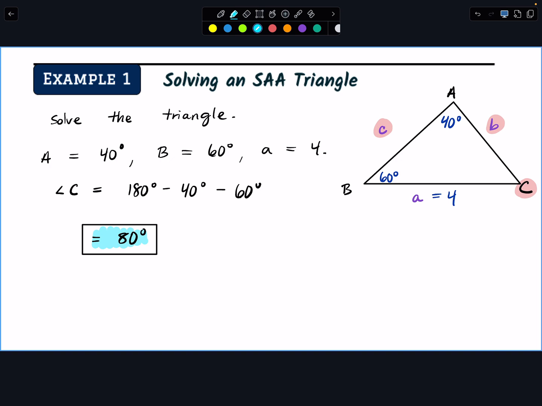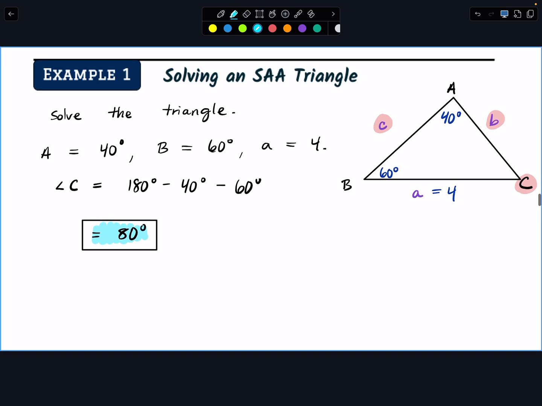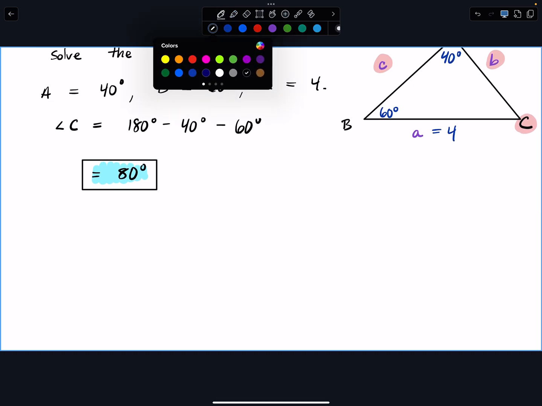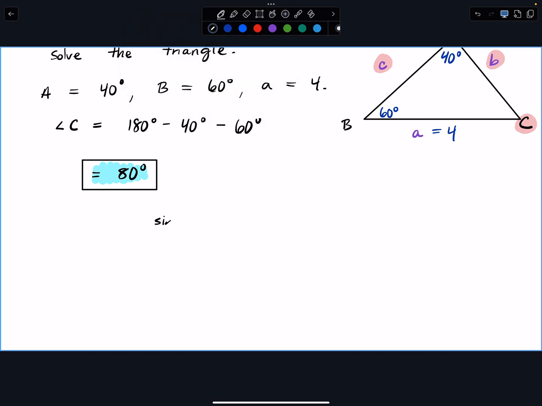All right. So here is my law of sines. Sine of A over little a is equal to the sine of B over little b, which is equal to the sine of C over little c.